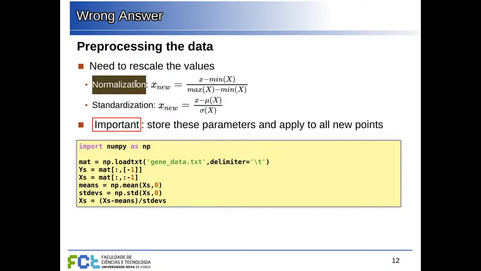Another way of doing rescaling is normalization, where we subtract the minimum value and then we divide by the difference between the maximum and the minimum. So this rescales everything into being between 0 and 1. It's a more sophisticated approach than what we saw in the last lecture.